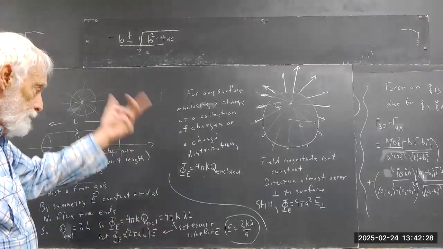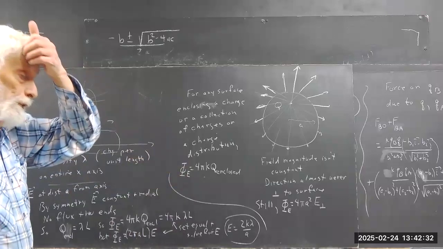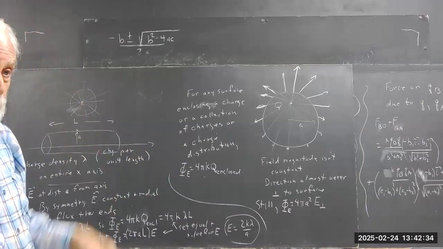L divided by L is 1, and you got lambda over A. So that's it. That's your electric field.